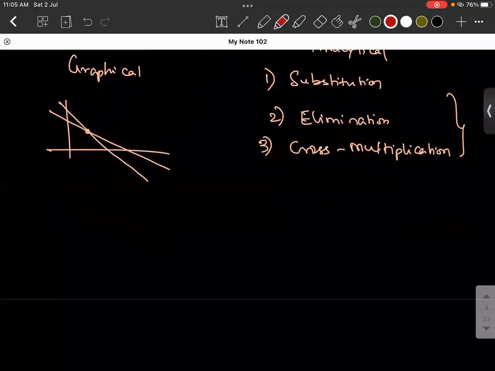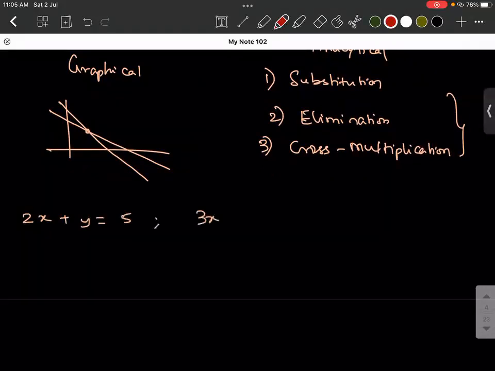Okay. Let us take the same equations, 2x plus y is equal to 5 and x plus 2y is equal to 7. Now, what is it that I gave you? So first, let's try to solve this using the substitution method.